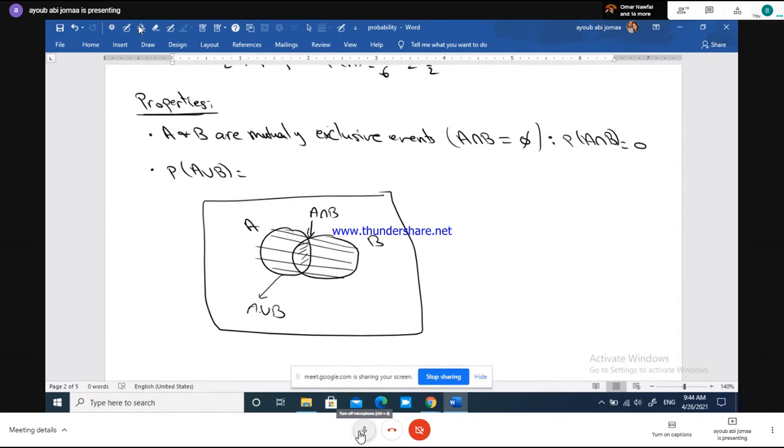Excuse me, you took this last year in sets, I am sure, but not probability. It is the same concept but not probability. You took it in the sets.